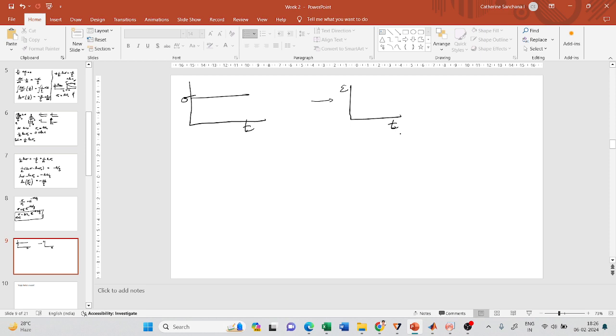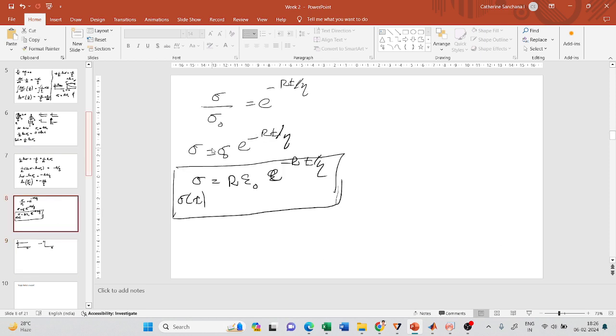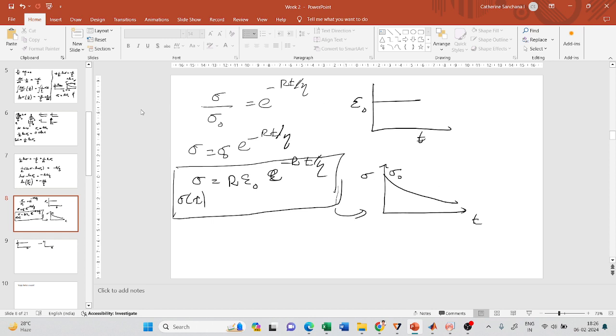So if I plot this response, how will it be? So this is my epsilon t, epsilon naught is what I'm subjecting the material to, and this will be my stress response. It will be like this. So this is what this equation says.